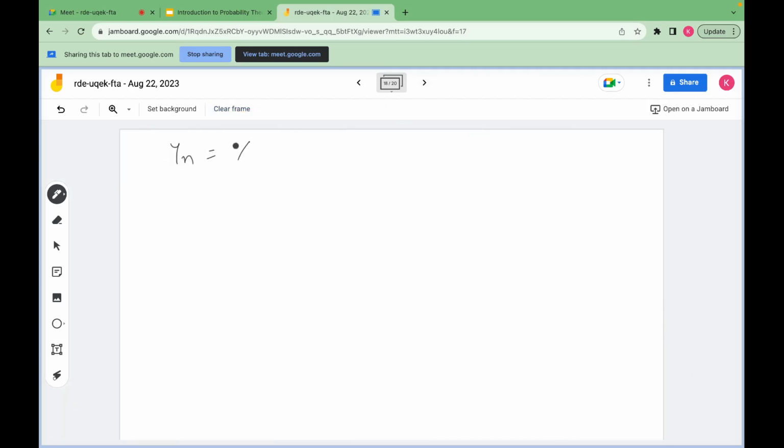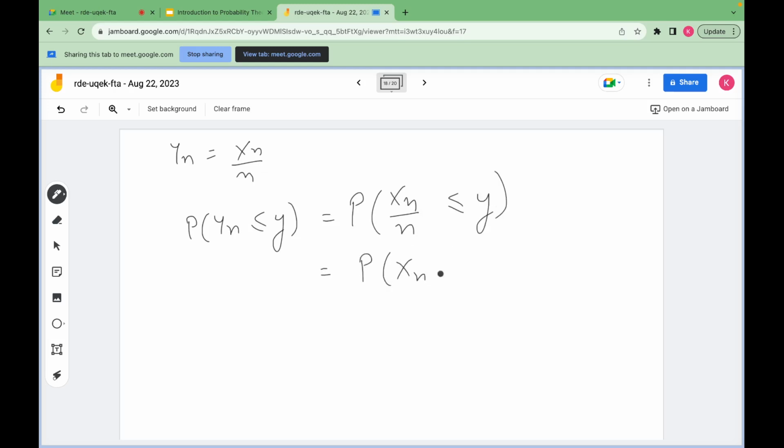Now this Yn is Xn by n. The probability that Yn is less than or equal to y is the probability that Xn by n is less than or equal to y. This is the probability that Xn is less than or equal to ny, right?